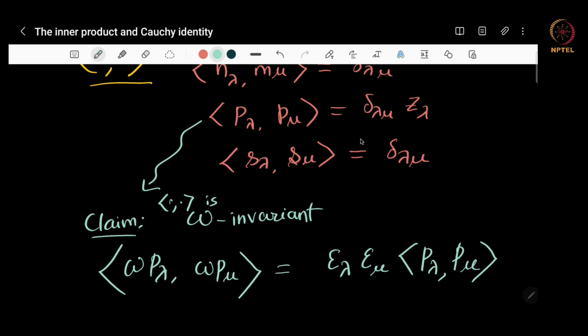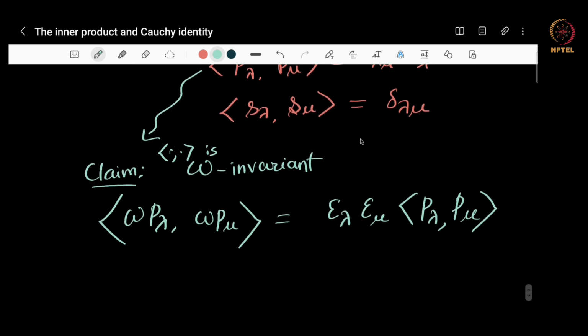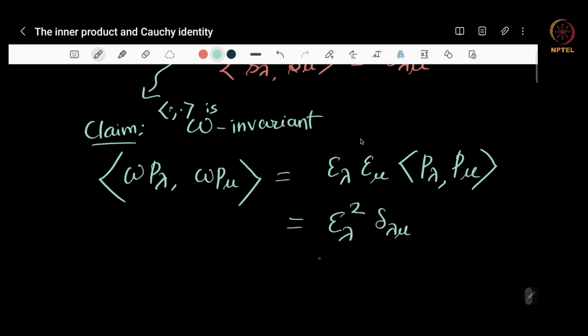Now observe that P lambda with P mu is after all 0 unless lambda equals mu. So this is nothing but epsilon lambda squared times delta lambda mu. Of course, if lambda is not equal to mu, we don't care. But epsilon lambda squared is definitely 1, because epsilon lambda is plus or minus 1. So this is just going to be delta lambda mu itself, sorry, there's a z lambda which I missed, z lambda times this.